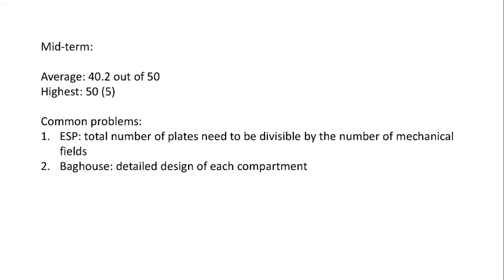First I want to talk about the midterm scores. The average score is around 40 out of 50. I think it's not bad. It's actually a little bit lower compared to last year. Mainly it's maybe because of the remote learning, and also compared to last year, I added one more problem to the exam.